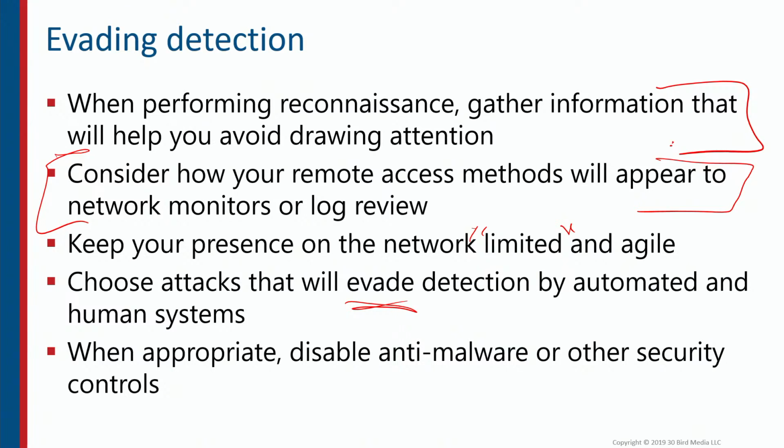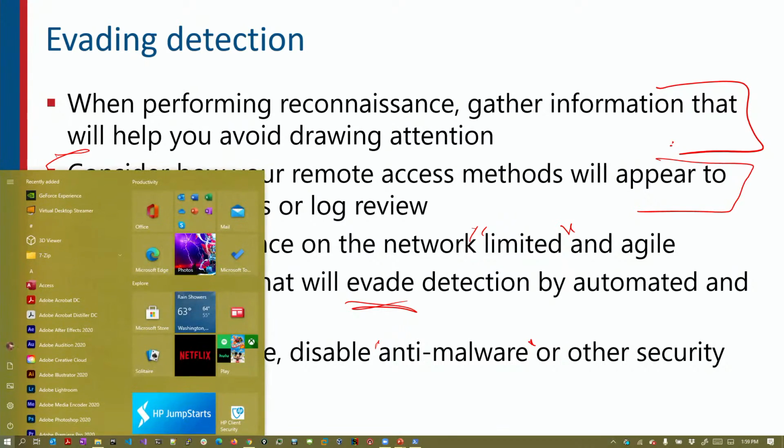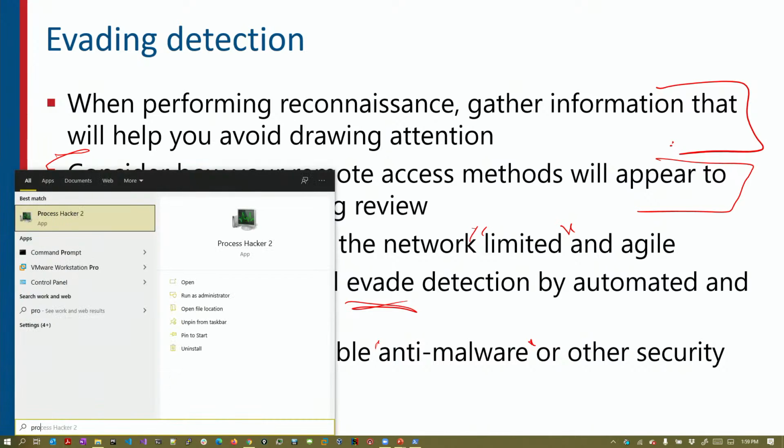If possible, and if within scope on an engagement, maybe just turn off the anti-malware on a system. I wanted to run a sketchy version of, what's it called? Process Hacker.